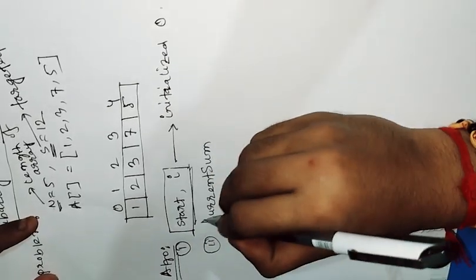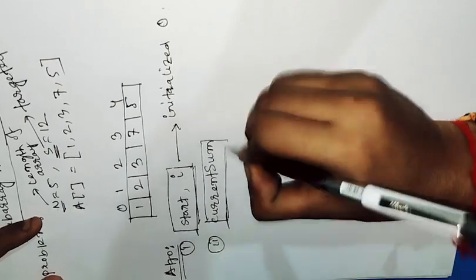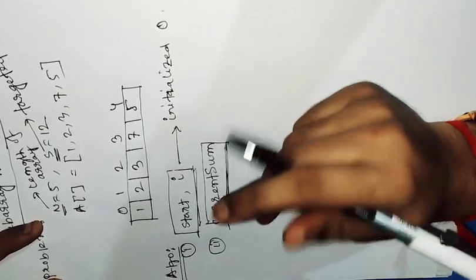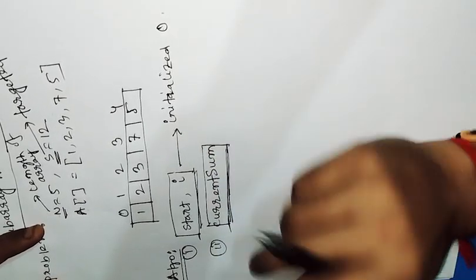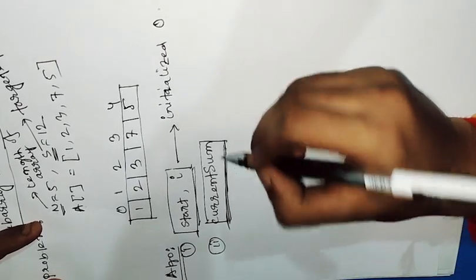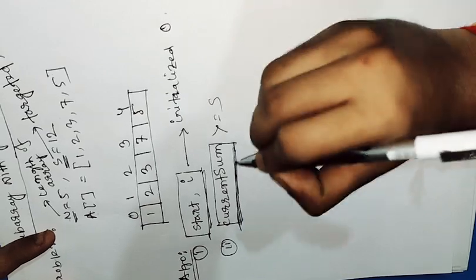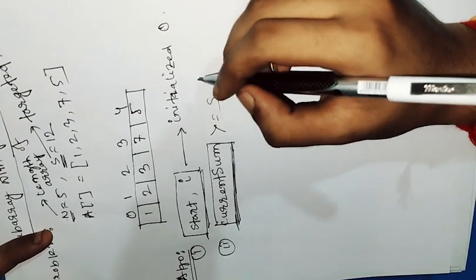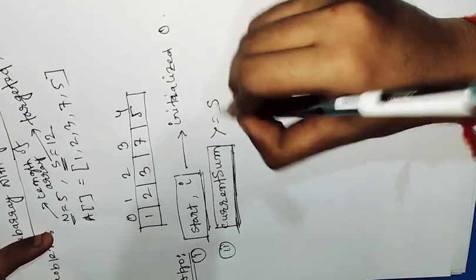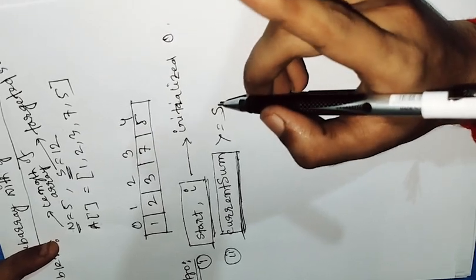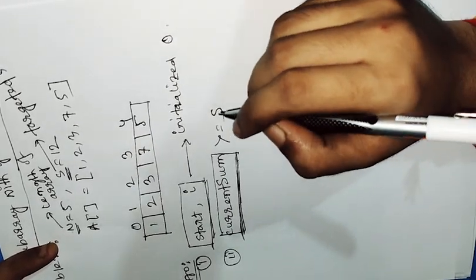And now we need to check some conditions. The condition is: if the current sum variable is greater than or equal to targeted sum, that time subtract the value of start index. Here start index is 0.